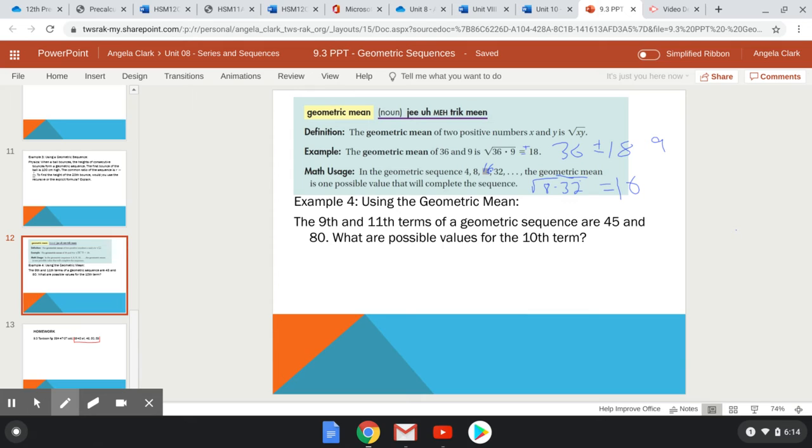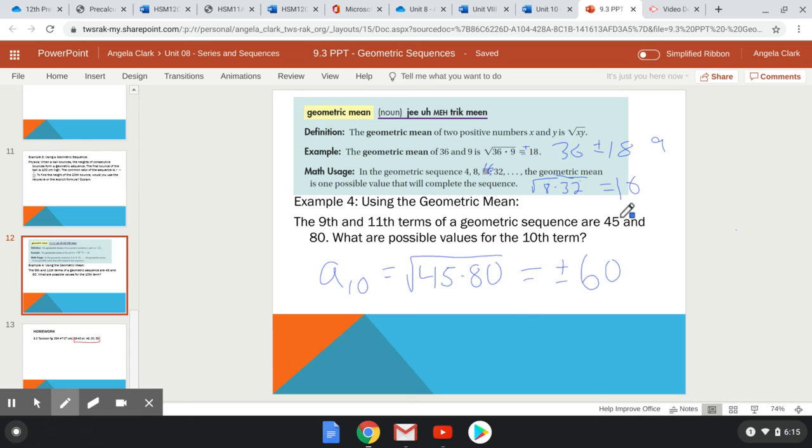So we're looking for the 10th term, which is directly between 9 and 11, right? So I'm looking for the 10th term, which is just going to be the geometric mean of the 9th term and the 11th term. So that's the square root of 45 times 80. Putting that in a calculator, I would get 60, but as I mentioned earlier, that would need to be plus or minus 60.